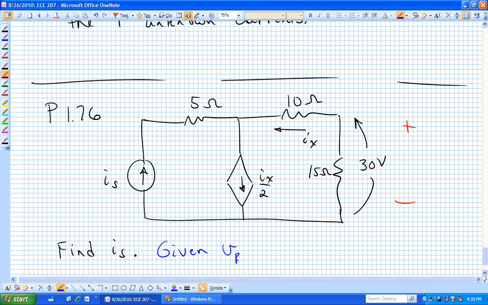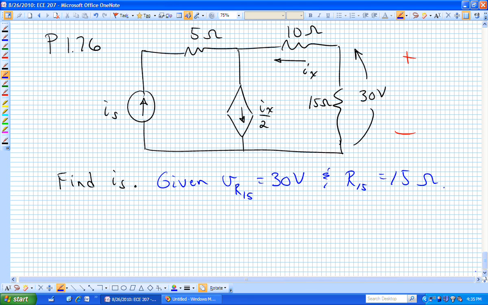You're told that the voltage across the 15 ohm resistor, R15, is 30 volts. Maybe I gave you more than what I should have. R15 is 15 ohms, but I had already indicated that.